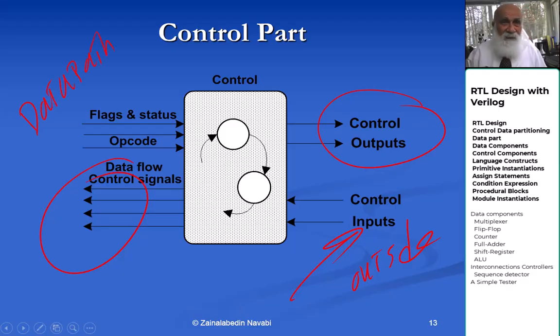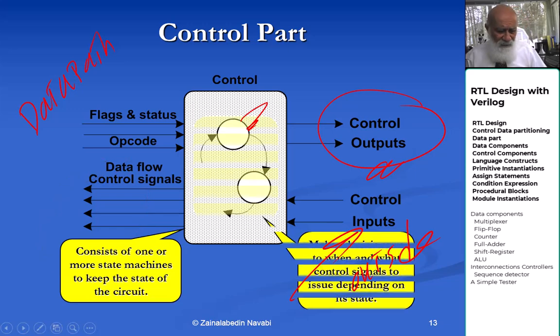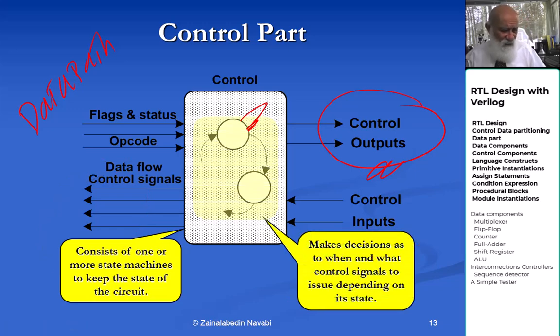Whether it gets the inputs from the outside or from the data path, the decisions in the controller are based on those inputs and on the existing state. So the controller makes transitions from one state to another, and once it goes to one state, it issues these signals here and these signals here, and makes decisions, and then it has many states.